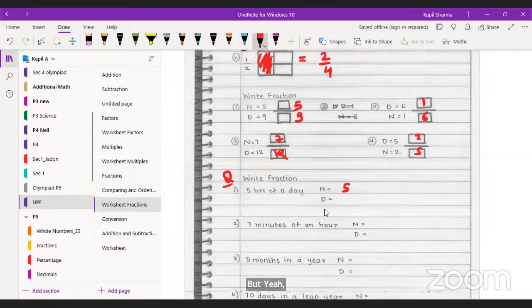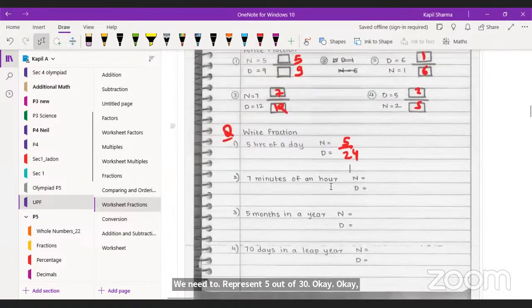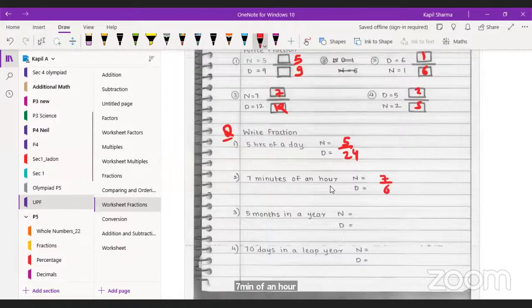So we know that in a day there are 24 hours. So we need to represent 5 out of 24. Okay, second one, 7 minutes of an hour. Yes. 7 over 60. Third one, 5 months in a year. Yeah, 5 over 12.